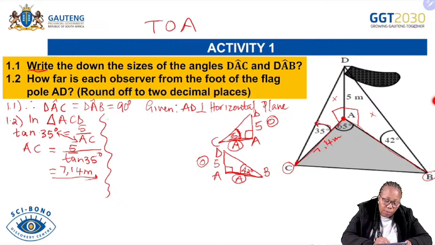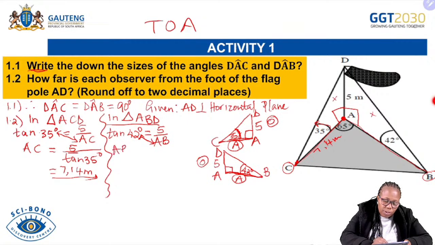Let's do so now. We are working in triangle ABD. In that triangle, we are taking a tangent of 42 degrees, which is equal to the opposite side, which is 5, over the adjacent side. We are looking at AB. And then we cross multiply.